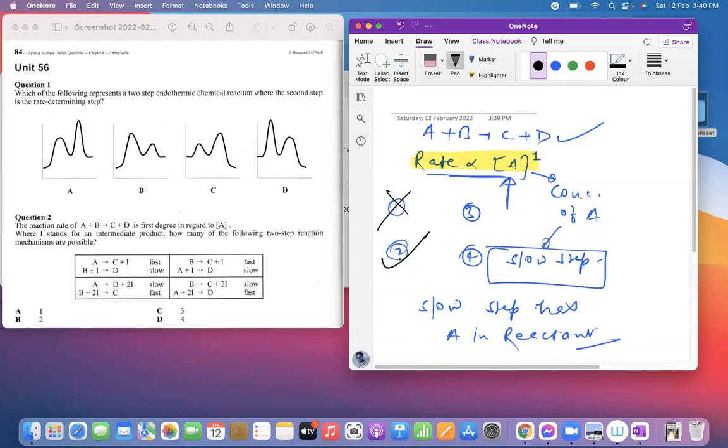In the number 3 box, again the slow step has A, fine. In the number 4 box, the slow step has no A, so wrong. So only 2 boxes correctly represent the rate of reaction. The answer should be B, because B has 2. Any doubt, please tell me.